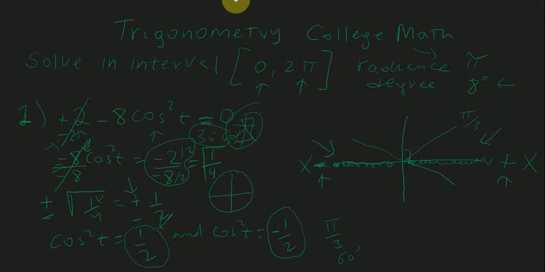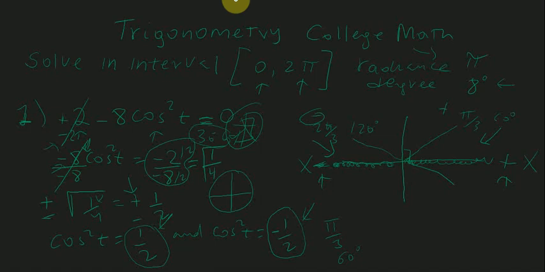If pi over 3 is 60 degrees, another 60 becomes 120, but this is negative. So that will be 2 pi over 3. So this is the negative side and this is the positive side.